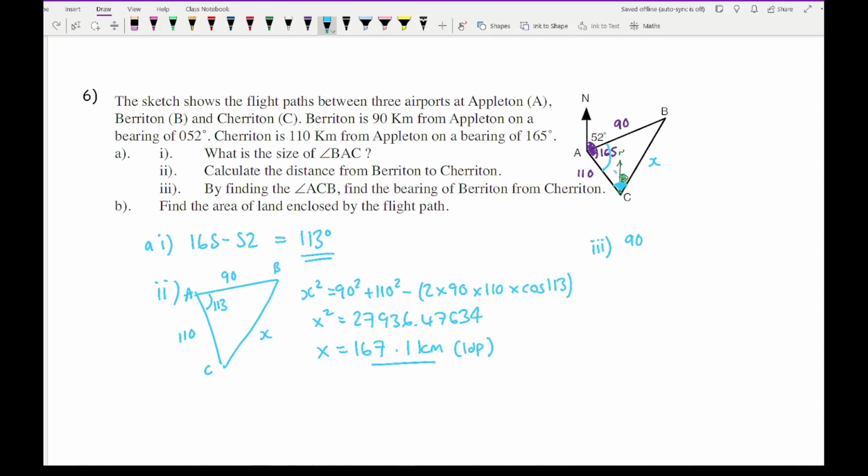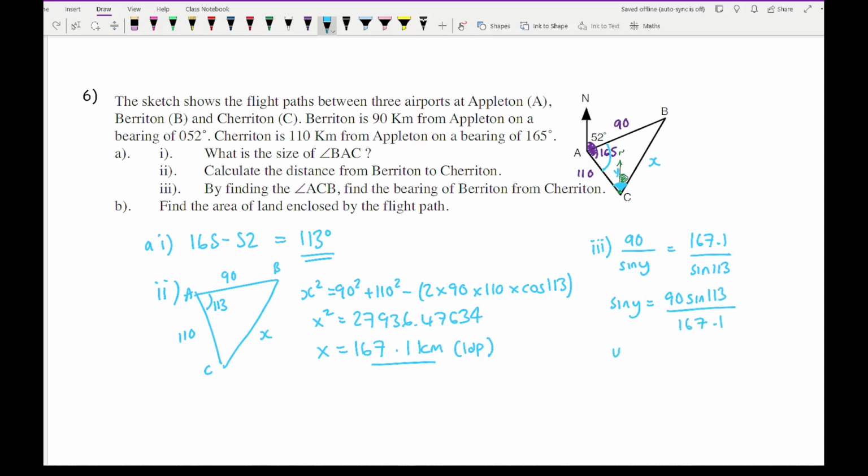And if I just call this angle y, so sine y equals, now I know what x is, so that's going to be 167.1 over the angle, which I now know is 113. So sine y equals 90 sine 113 divided by 167.1.